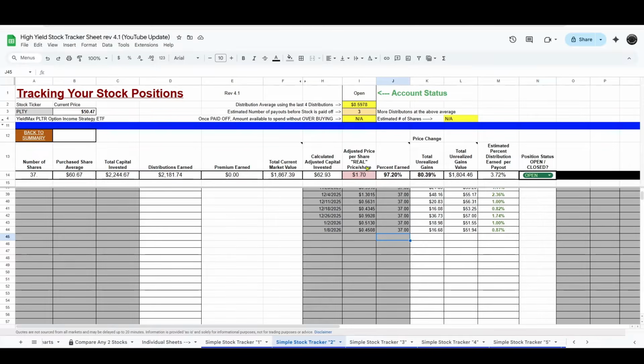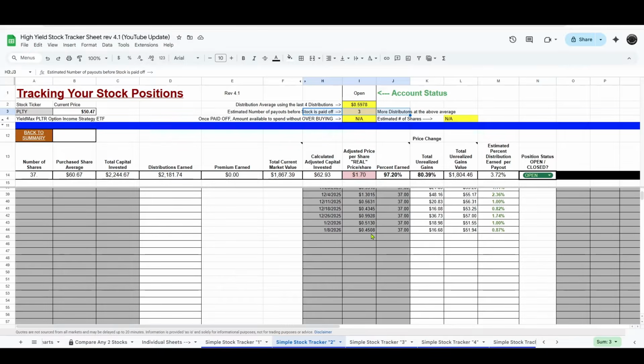Because once I get this one down below zero, it is paid off and making money if I were to sell those shares at that current price. And that tipping point is only currently at 3 distributions away. And that's as long as we keep that average distribution of around 59 cents.